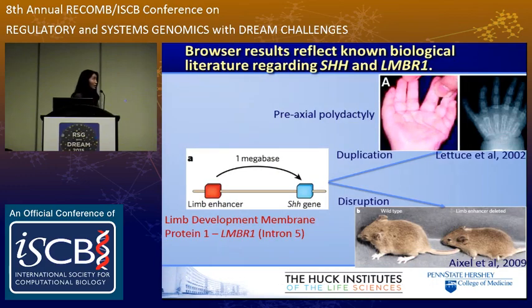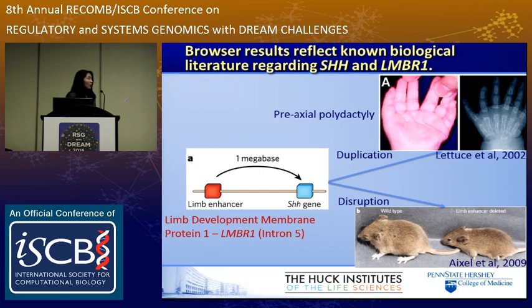And excitingly, this is biologically relevant and consistent with the literature. It is true that intron 5 of the LMBR1 gene has an enhancer that affects the Sonic Hedgehog gene. We know this because disruption of this enhancer causes malformation of the limbs in mouse through knockout.